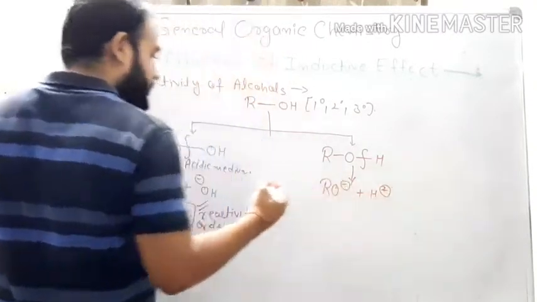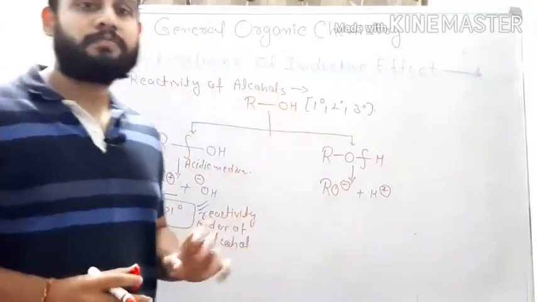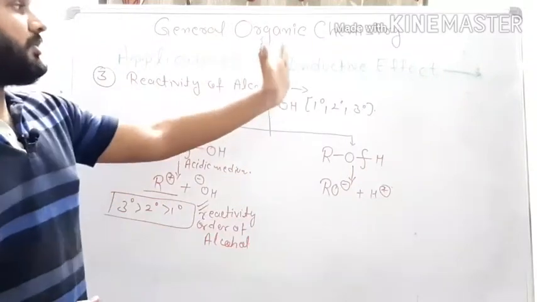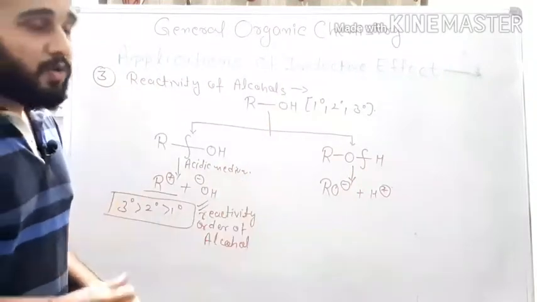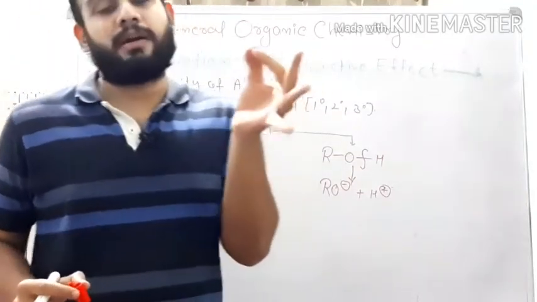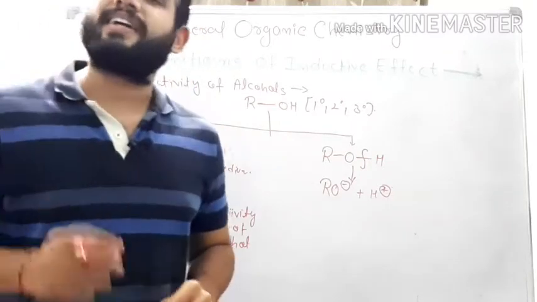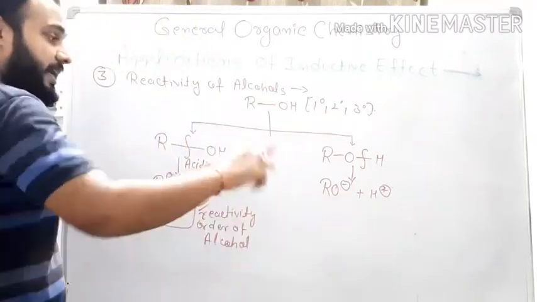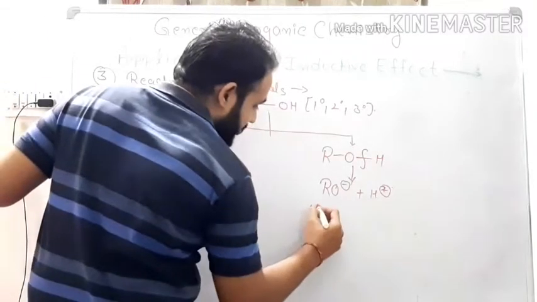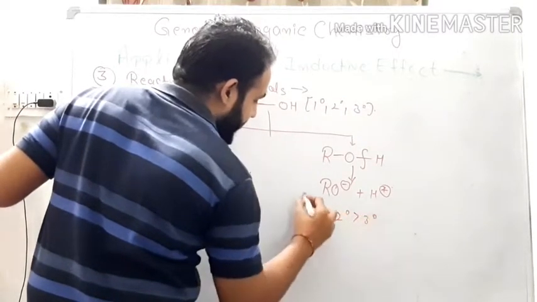Now here you see that the charge is present on the OR alkoxy anion, which means it has a negative charge, and on the basis of inductive effect we conclude that the primary carbanion is more stable than secondary, and secondary is more stable than tertiary carbanion. So here the reactivity order is opposite to the previous condition: primary alcohol is greater than secondary and secondary is greater than tertiary.